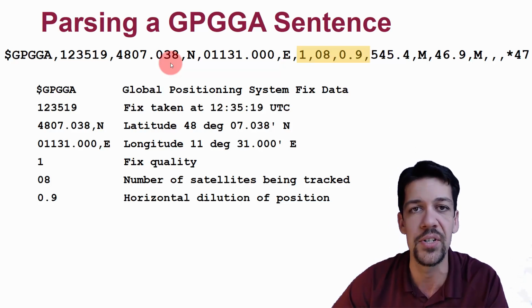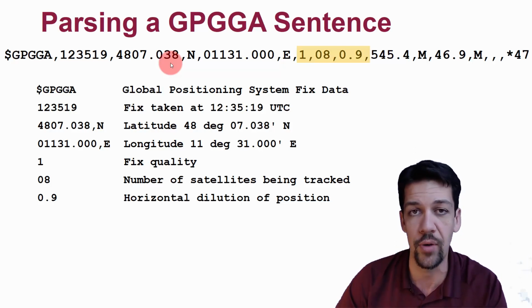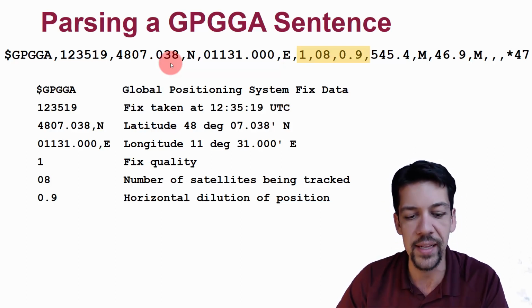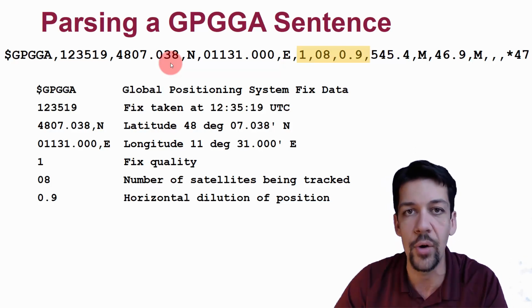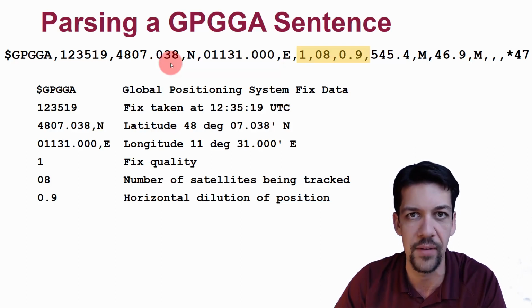There are higher numbers that bring in things like DGPS, which is differential, which means that it's able to listen to a ground-based station, which gives it a higher level of accuracy and gives you some more information there. Next is the number of satellites being tracked, and the horizontal dilution of position, which is basically in meters how accurate it thinks the specific location is.